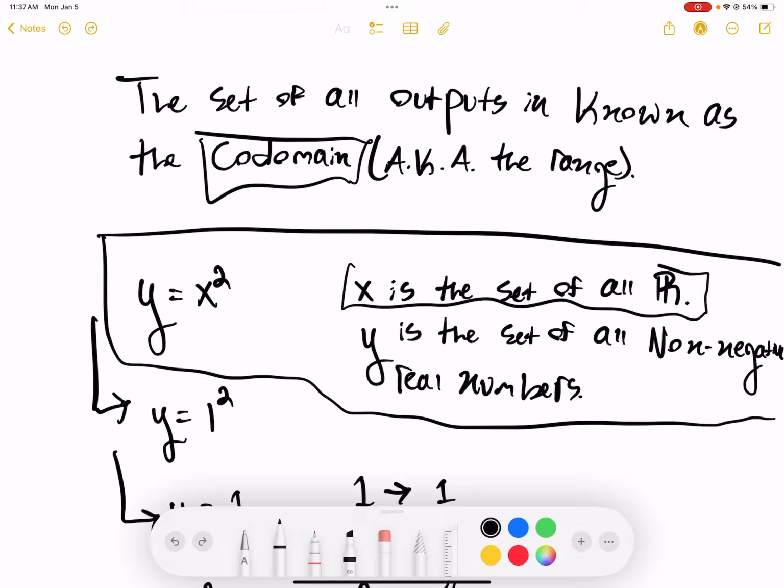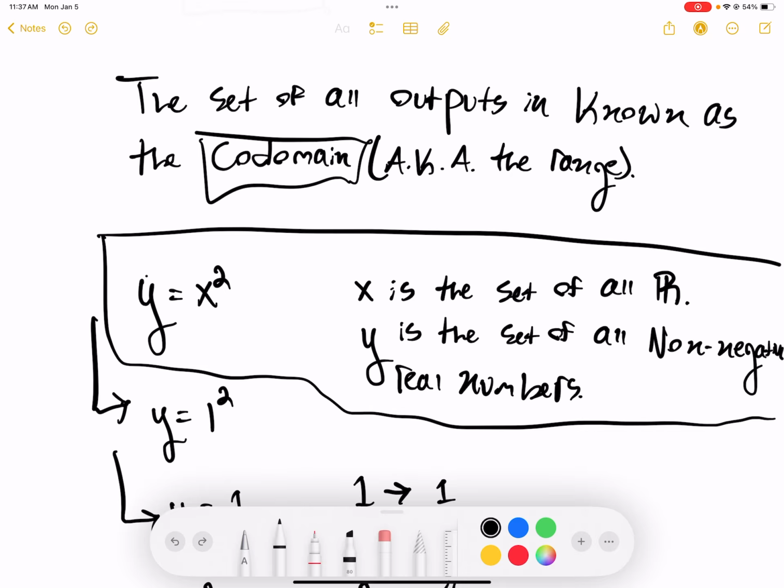And so that makes sense why X is the set of all real numbers. And then our output, it can't be negative because we're squaring whatever our input is. And anytime you square a real number, you get a non-negative number. So Y, our range, our codomain is all the non-negative numbers.